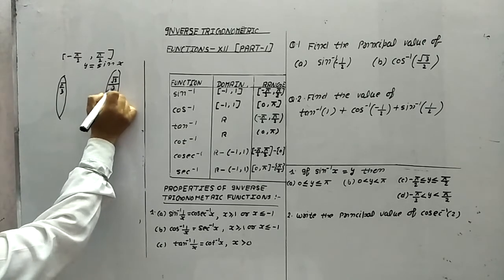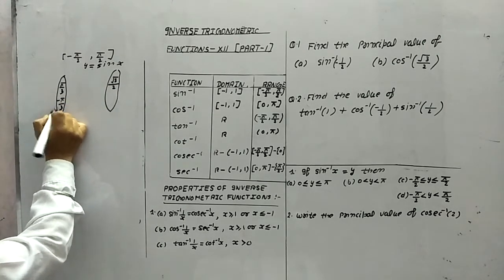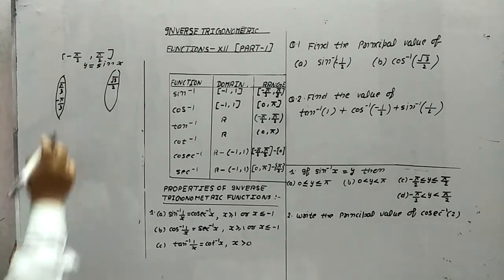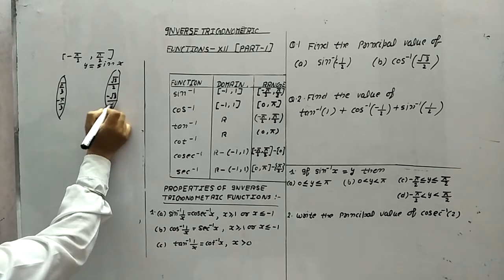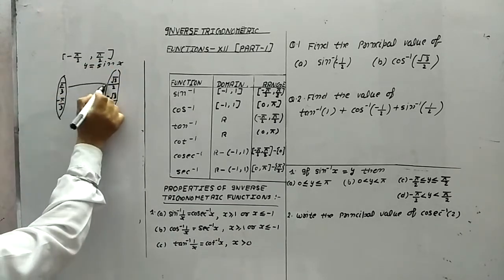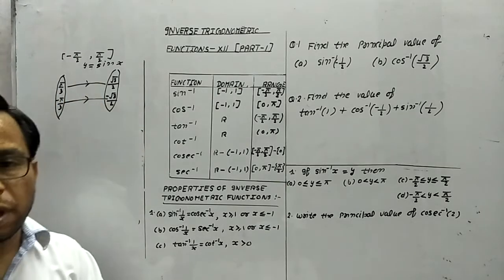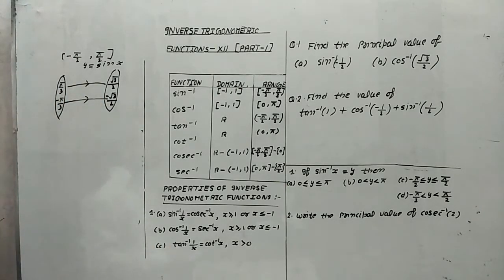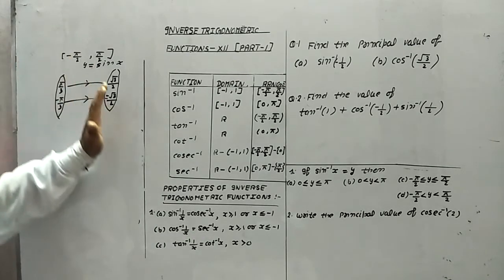Root 3 by 2. If I take minus pi by 3, which is under this condition, minus pi by 3 means minus root 3 by 2. Like that, if you do this, then it will show 1-1 and onto, and that is why it is bijective also. So this function is bijective.